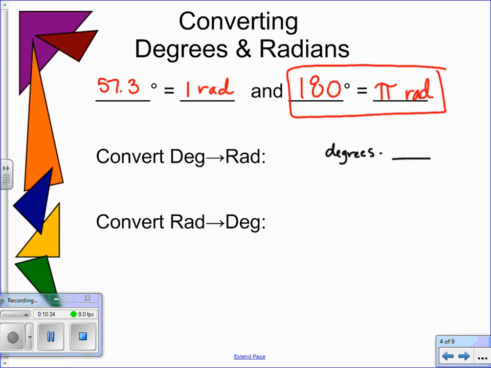We're going to use this equivalency, 180 degrees equals pi radians. Do we want to put 180 degrees over pi radians or pi radians over 180 degrees here, if we want to get out of degrees and into radians? Which way should you write it?